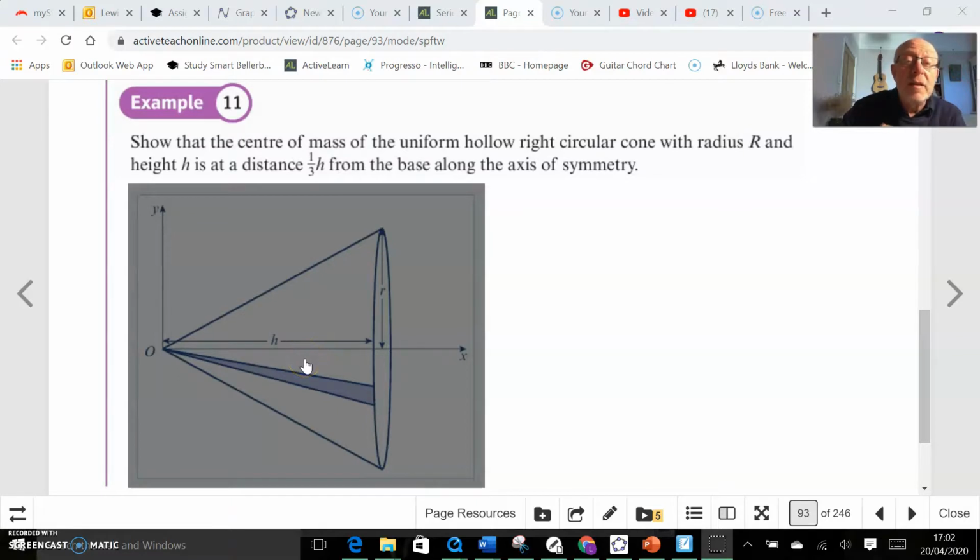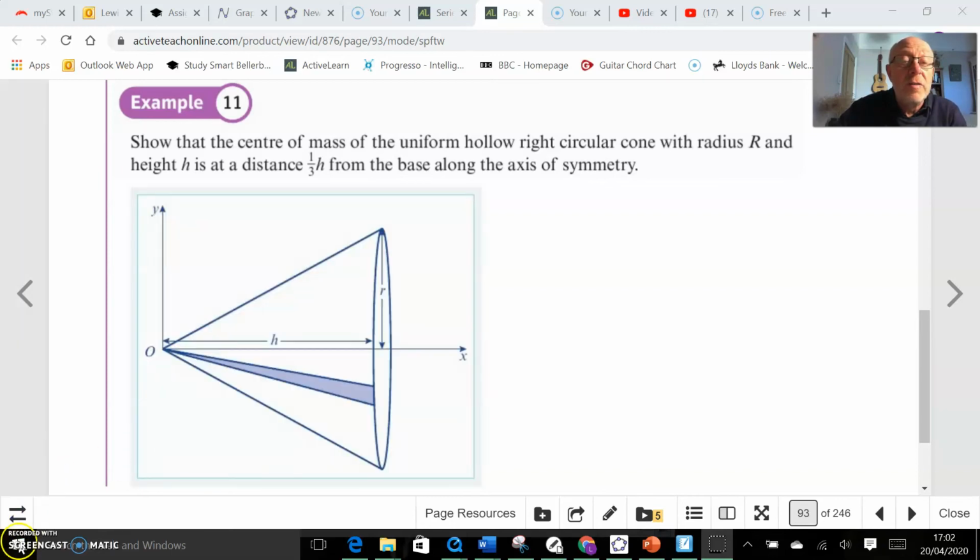So we can say, therefore, the centres of mass of all those triangles are on that circle. So the centre of mass of the whole thing, the conical shell, will be the centre of mass of the circle, which is the centre of the circle, which is on the x-axis, and it will be 2/3 from O. So that is the way to find the centre of mass of that, and it's really by symmetry and by knowing the centre of mass of a triangle.